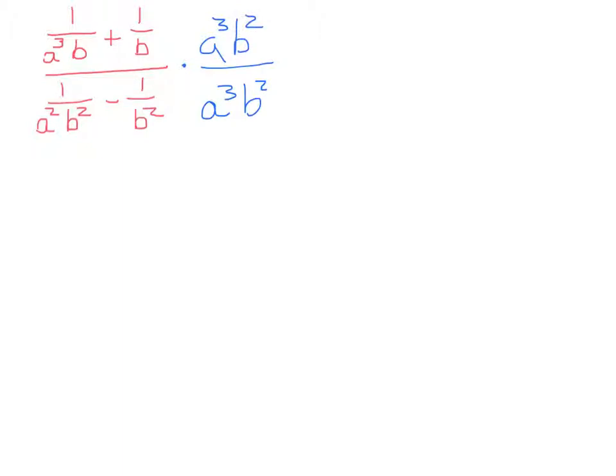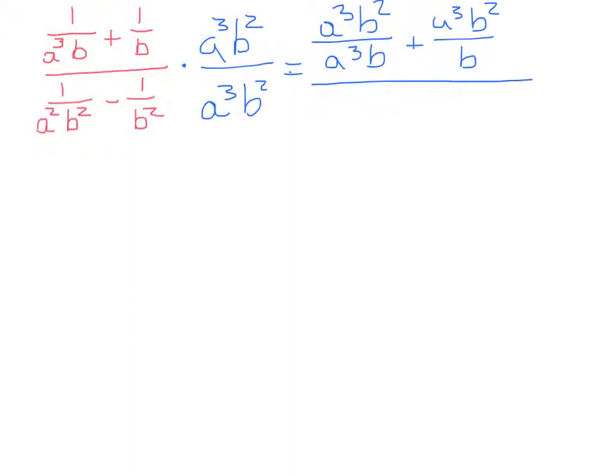And we're going to go through the same process. I'll write this one out just so you can see what's going on maybe a little bit better. But when we do this, the numerator will become a cubed b squared over a cubed b plus a cubed b squared over b.